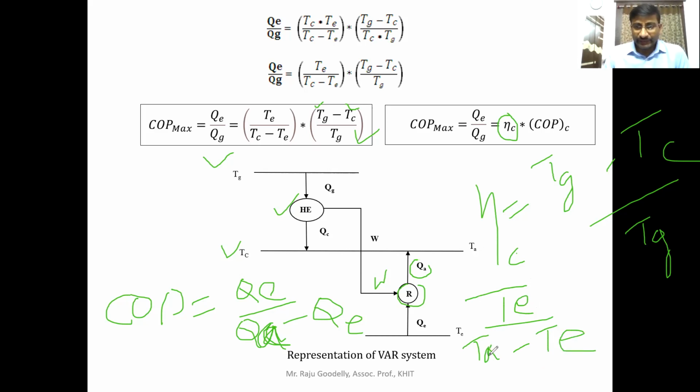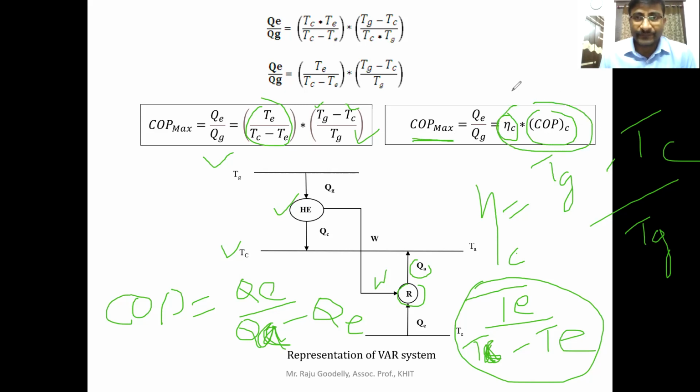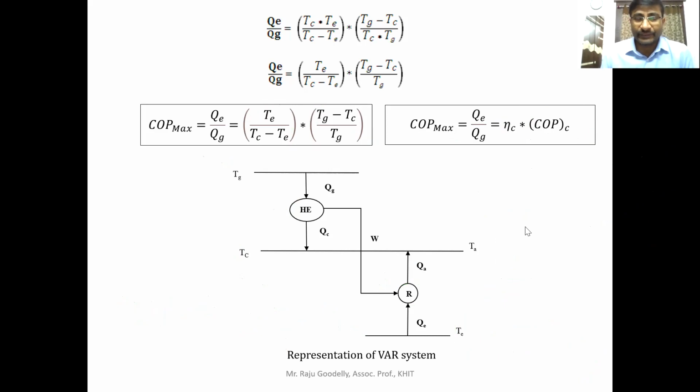That's why TA can be replaced by TC. So it can be written as TE by TC minus TE, the COP of Carnot cycle. Therefore, the maximum COP of VAR system is the product of the efficiency and COP of the Carnot cycles. Clear? This is the representation of VAR system.